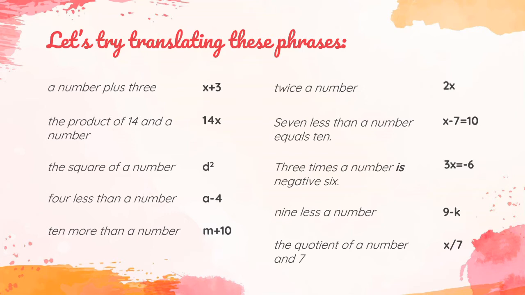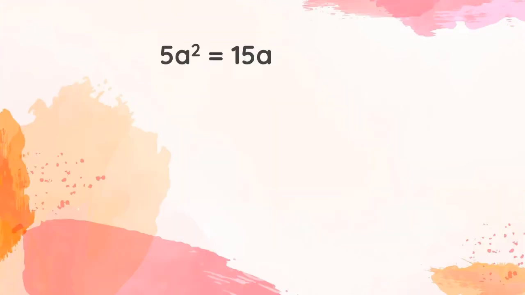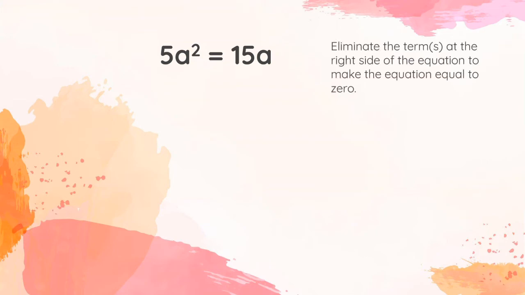Okay. So, the next thing you have to be prepared of is setting an equation equal to 0. How do we set up an equation equal to 0? For example, we have 5a squared equals 15a. Para maging equal to 0, dapat ma-eliminate or mawala yung terms sa right side. Paano yun? Add the inverse of the said terms to both sides of the equation.